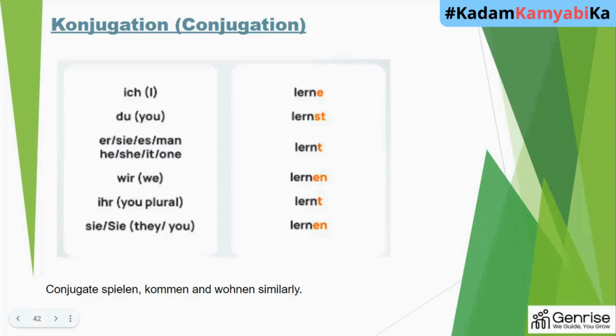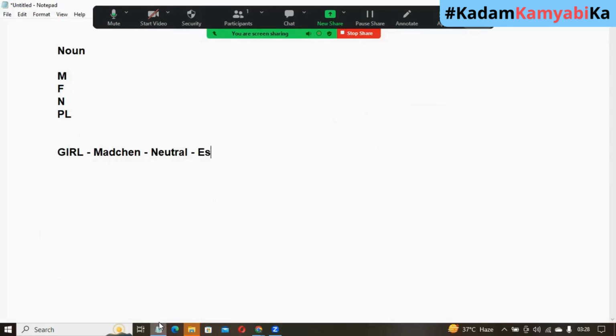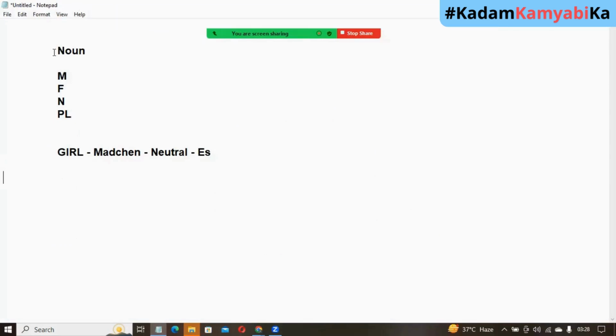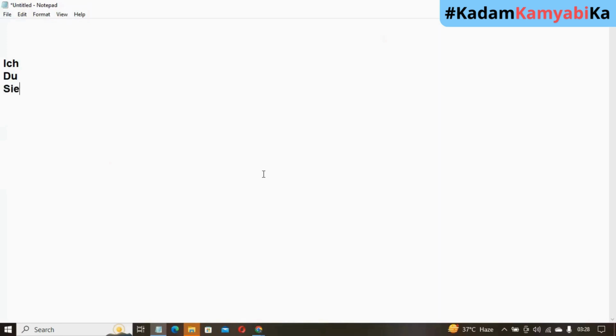Now the endings. What you need to do. Lernen is the verb. I'm opening the notepad and explaining on the notepad. Let's say, I'm writing all these on one side: er, sie, es, then wir, ihr, and sie. Now ich.